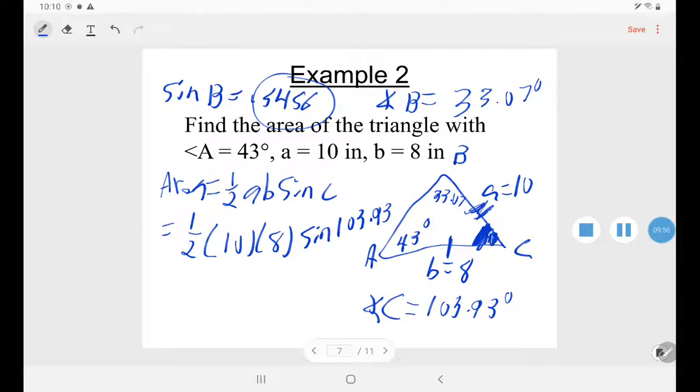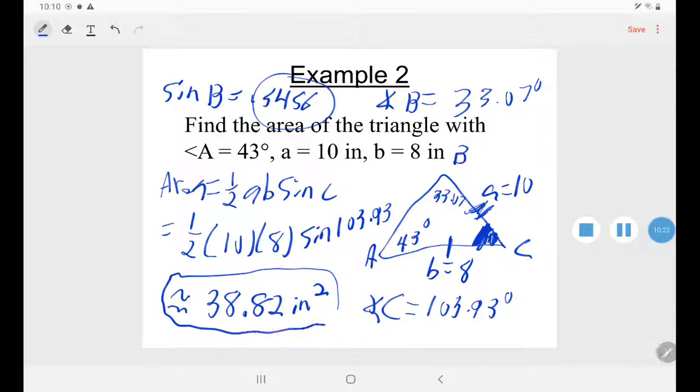So 1/2 times 10 is 5, times 8 is 40, and then times sine 103.93 gives me an area of approximately 38.82, and our units would be inches squared. That's the basic idea.